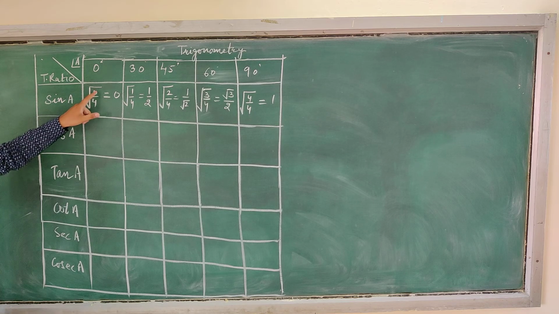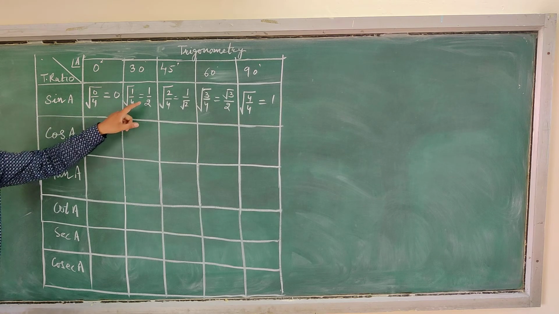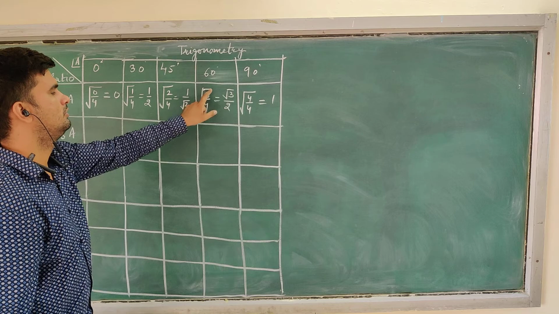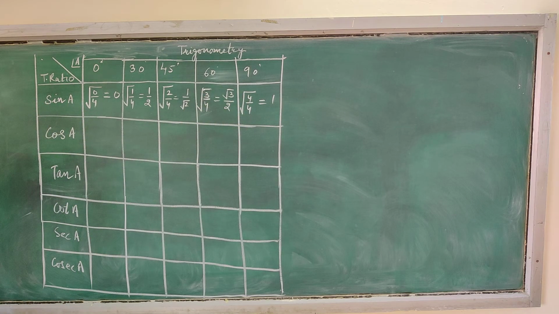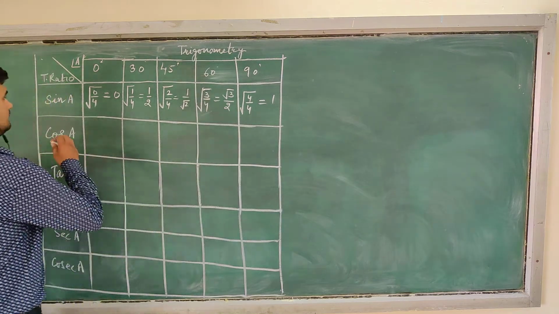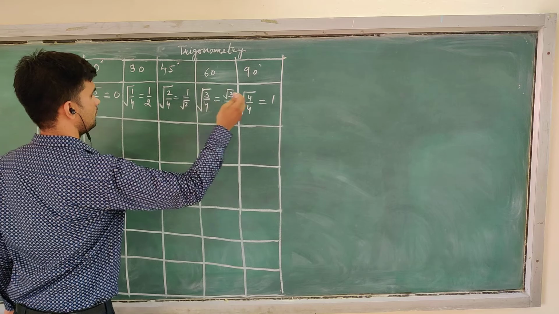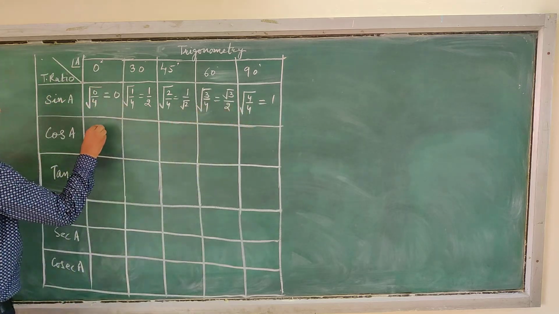See here, 0 by 4, root 1 by 4, root 2 by 4, root 3 by 4, and here it is root 4 by 4. Right? Now for cos A, we will start these values from here.